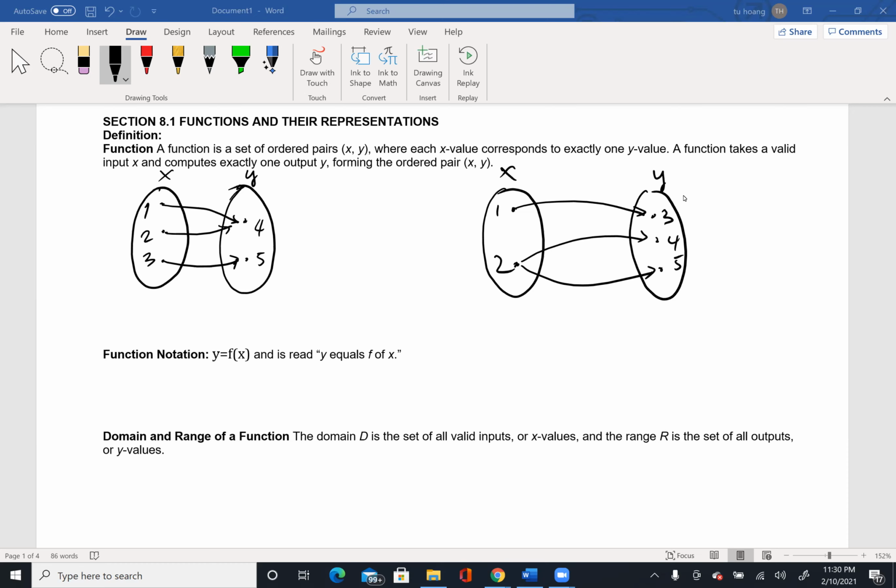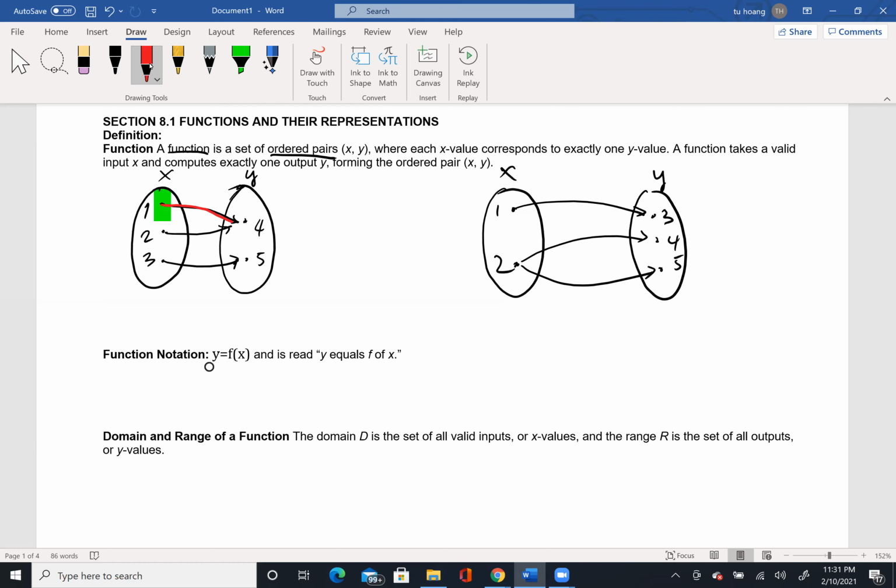A function is a set of ordered pairs, say x, y, where each x value corresponds to exactly one y value. So you can see over here, on the left hand side, I have an x and it will have exactly one y value.